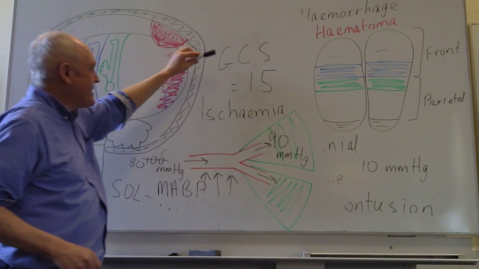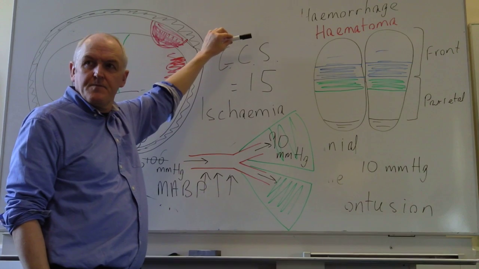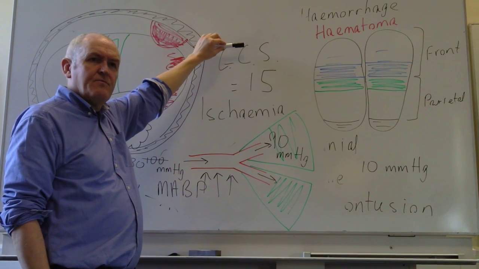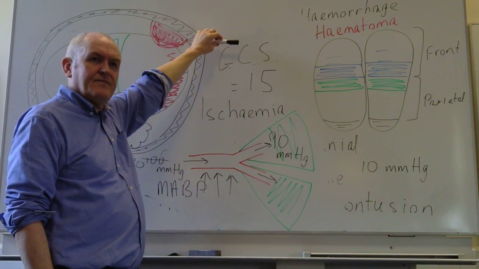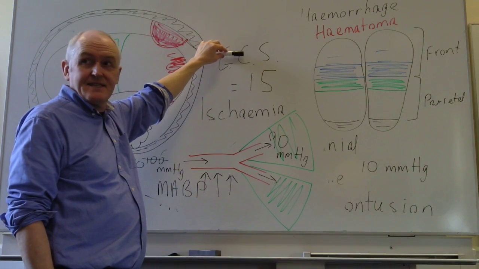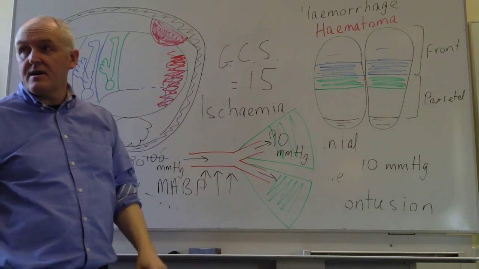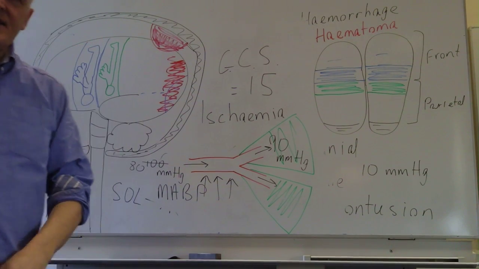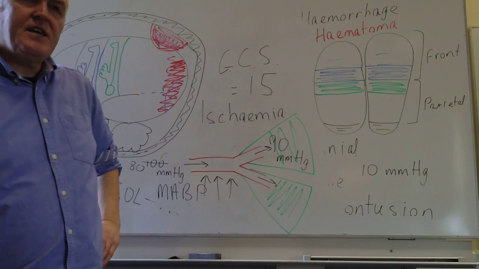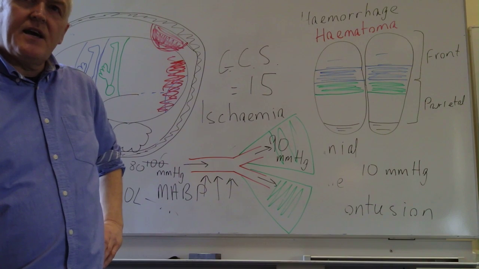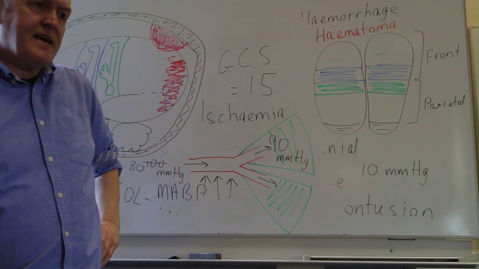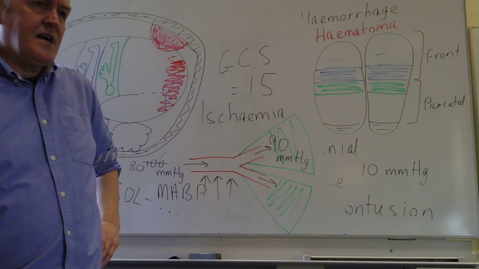So can you see, if we can measure level of consciousness, from that we are inferring what the intracranial pressure is. And if the GCS goes down, we can say, this patient's GCS has gone down, their level of consciousness is now reduced.